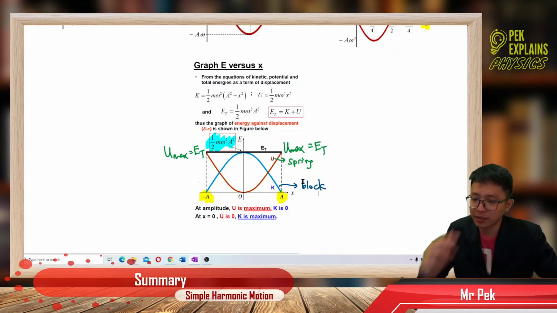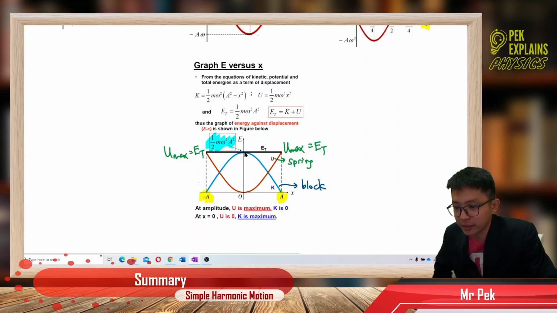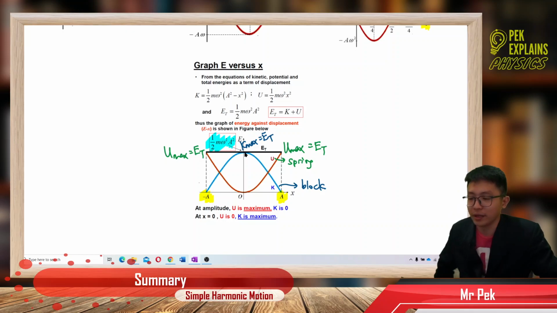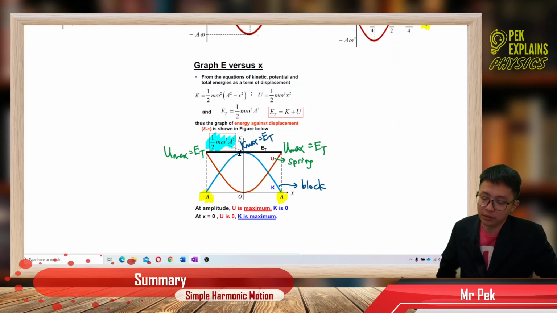The block is fastest at the center, at equilibrium, because all the spring energy is converted to the kinetic energy of the block. Here at the center, K max is equal to the total energy, half m omega square A square. But at the amplitude, the kinetic energy is 0 because the velocity is 0.